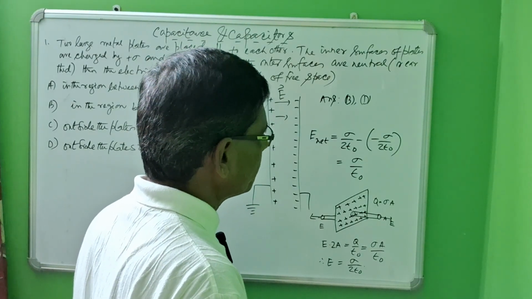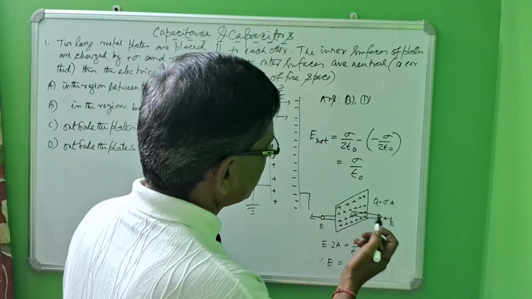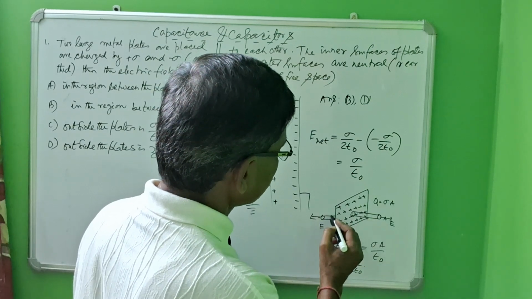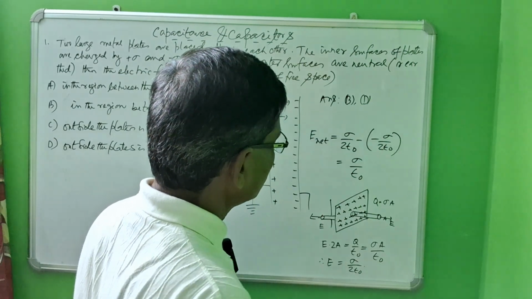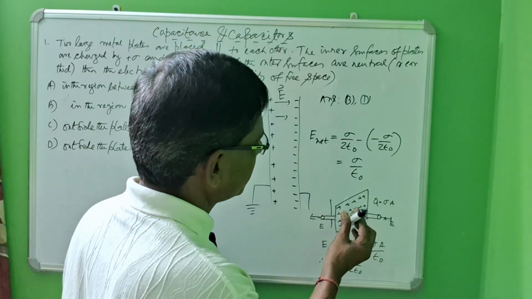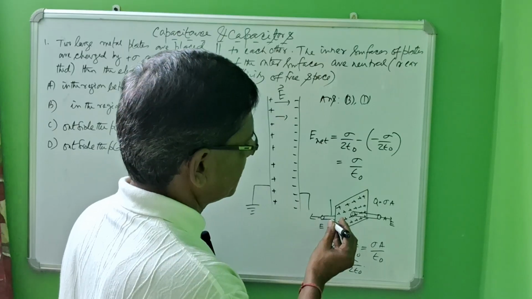For the side surface, the electric field and the surface are at right angles to each other.